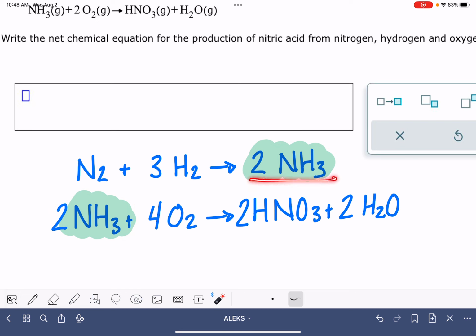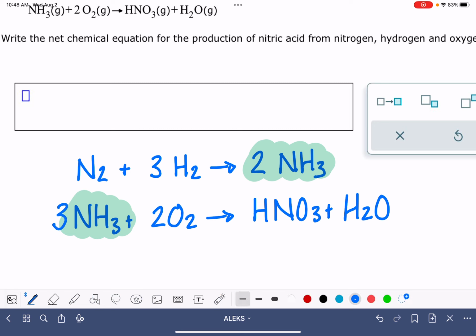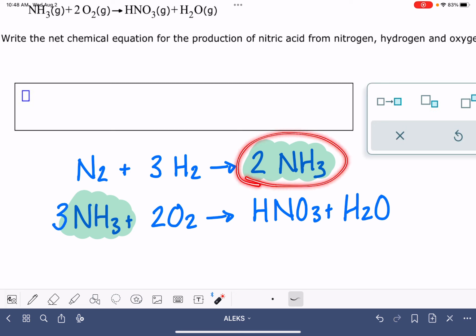How you get the stoichiometric coefficients to be the same is going to vary based on your equation. I'm going to back up a little bit. I did see one that was kind of tricky, so I'm going to modify mine just a little bit. I saw one where the stoichiometric coefficient was 2 for one of the equations and 3 for the other.